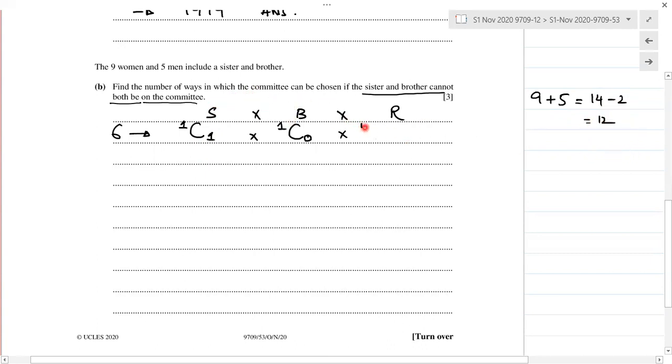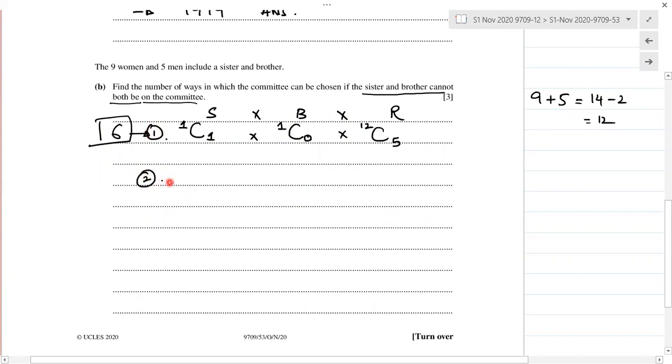I've only selected one sister and 0 brothers, so out of the 12 remaining, I still have to select 5 more to make a committee of 6. So 12C5 gives me the remaining 5 out of the 12. That's the first option.